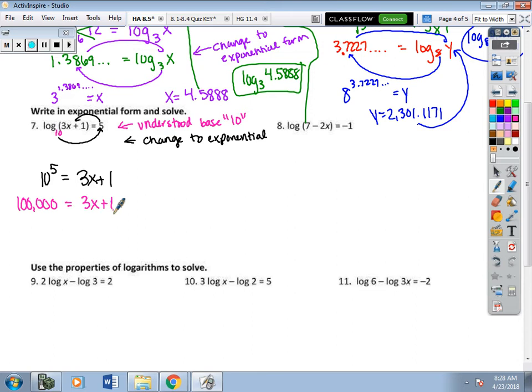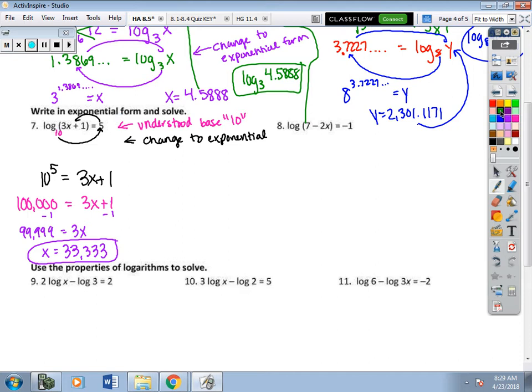And then just solve a two-step equation, subtract and divide. If you want to check your answer, it doesn't tell us we have to this time, you could by actually typing in 3 times 33,333 plus 1 and you'll get 5. So you could store it back in for x if you want, or you could just plug it in.